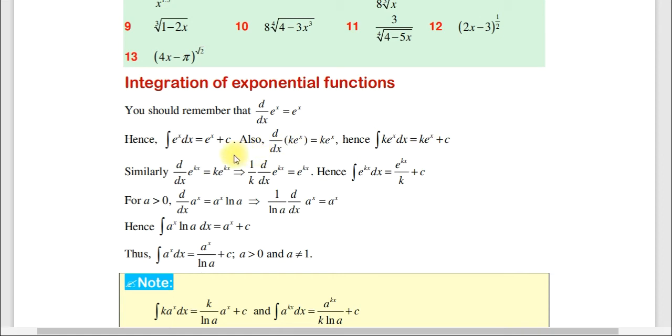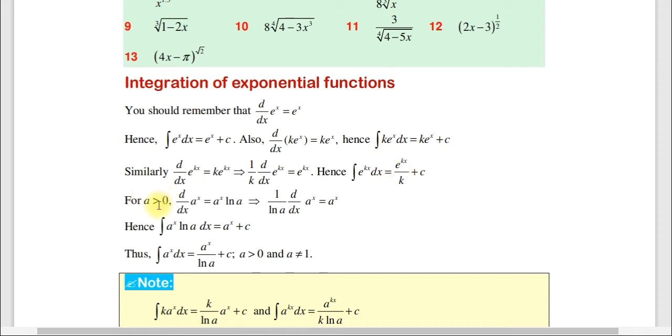Similarly, the derivative of e to the power of kx is equal to k times e to the power of kx, which implies that 1 over k d by dx of e to the power of kx is equal to e to the power of kx. Hence the integral of e to the power of kx with respect to x is equal to e to the power of kx over k plus c.